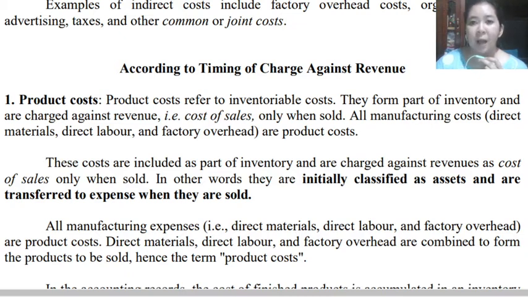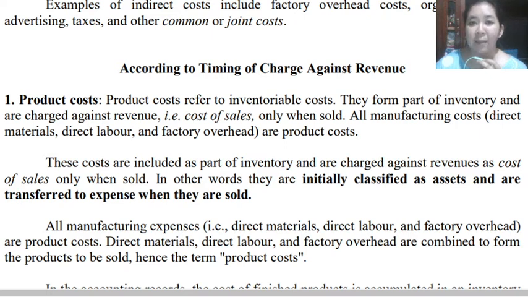So there, upon the completion of the production of the goods, the costs that were incurred for the materials, factory overhead, and labor, we will credit them, and these costs will be transferred to our inventory account. So the entry will be to debit your inventory account, normally the finished goods inventory account, and then credit will go to your materials, labor, and factory overhead.